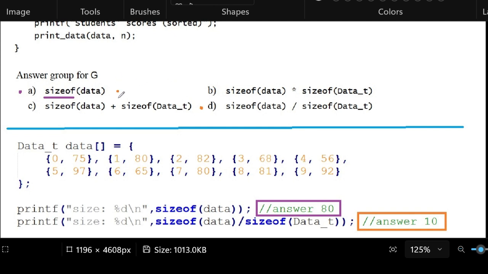We have several choices here, and I did end up choosing letter A, which says size of the data, and it turns out to be the incorrect answer.